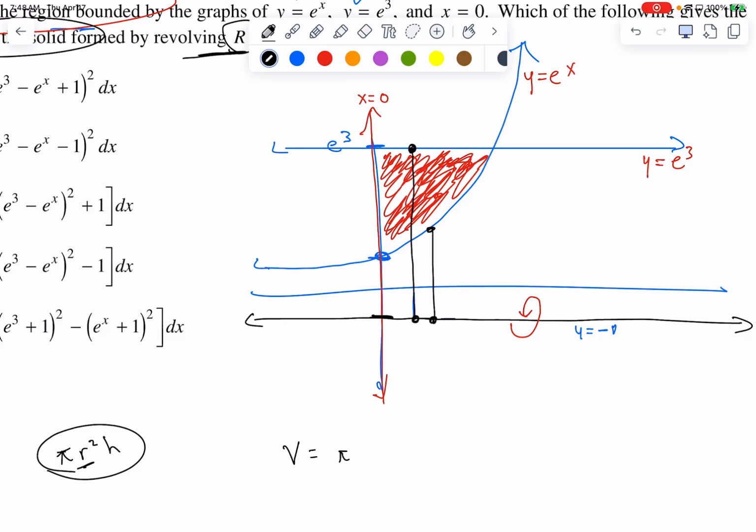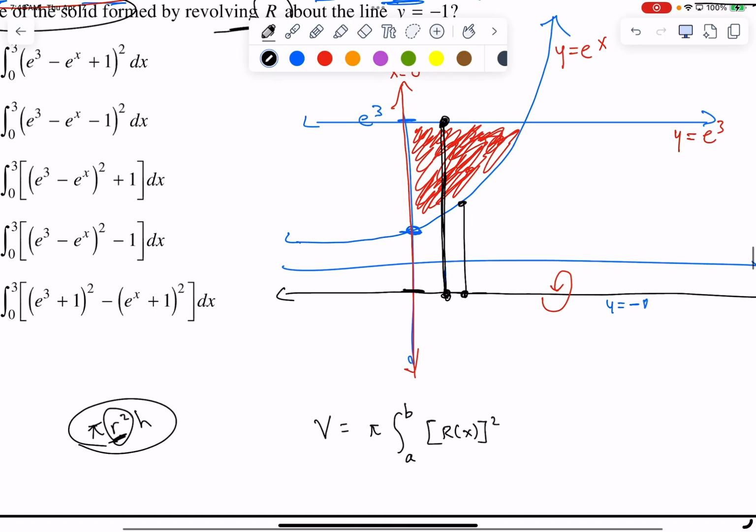The radius ends up being this top minus bottom, which is the radius of the first cylinder. So you're going to have a definite integral from a to b of an outer radius squared. I call that big R, because of the r squared. Does everybody see that? Minus an inner radius squared, which I call little r.